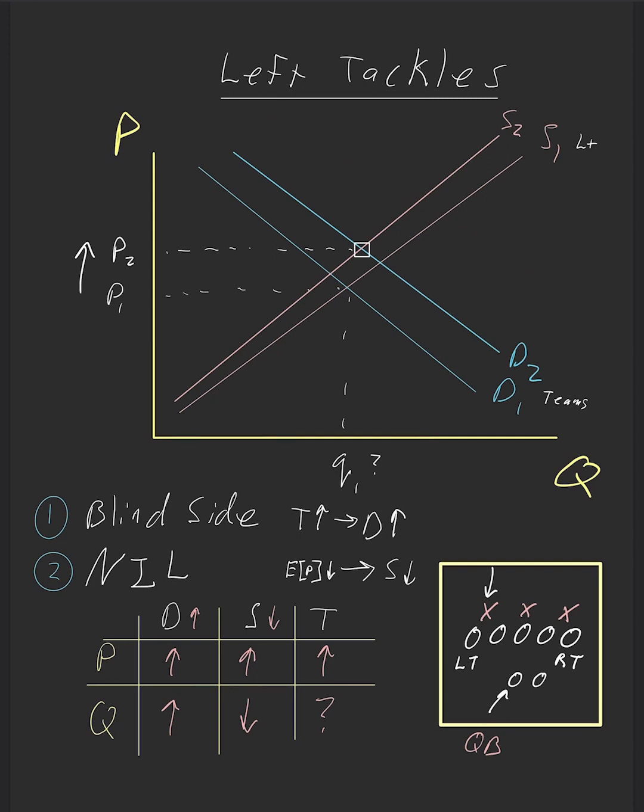These effects may not be the same size, and I've drawn them roughly the same size and the same shape of curves, but we're seeing that it's actually going to be two very different things potentially, depending on the size of the shifts. What we can say is something will happen to quantity, but what it is is an empirical question based on the size of the two shifts relative to each other.